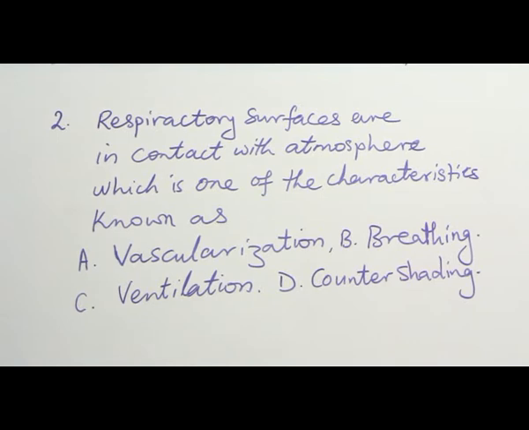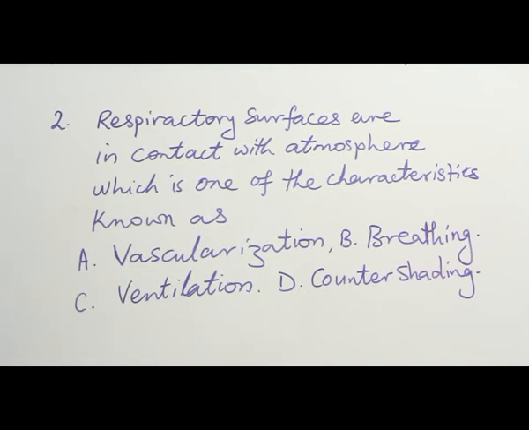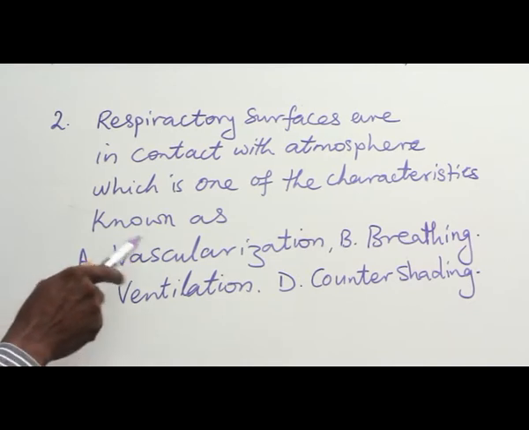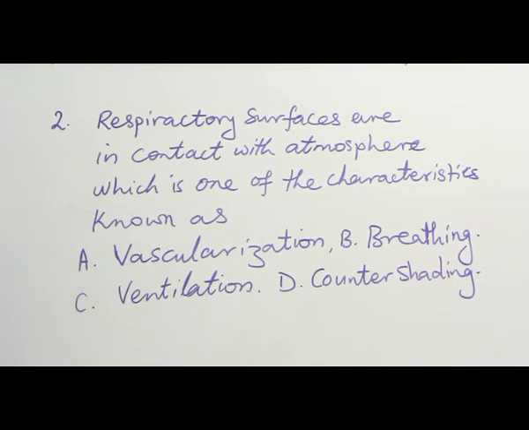Example 2. Respiratory surfaces are in contact with the atmosphere, which is one of the characteristics known as A. Vascularization, B. Breathing, C. Ventilation, D. Camouflage. Now, vascularization has been explained as supply of blood vessels around the respiratory surface. Breathing is a mechanism.